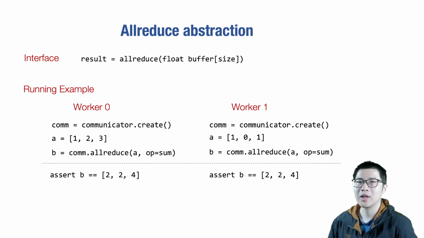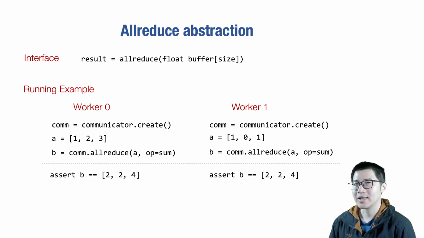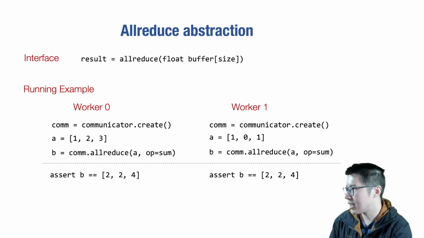There are a lot of libraries that present this interface and implement it on different hardware. For example, NVIDIA has a library called NCCL, the NVIDIA Collective Communications Library, that implements Allreduce along with other primitives. There are also other libraries like Horovod, ByteDance BytePS, and so on that implement a similar kind of interface. So how can we leverage this Allreduce interface to do data parallel training?